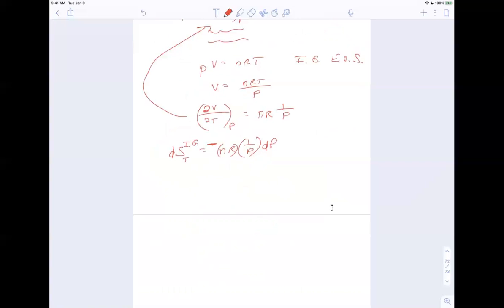So dS for this ideal gas case, as our example, is minus nR times 1 over P dP, which is just minus nR dP over P, and I can write that as minus nR d log P. So that's dS for an ideal gas at constant temperature.